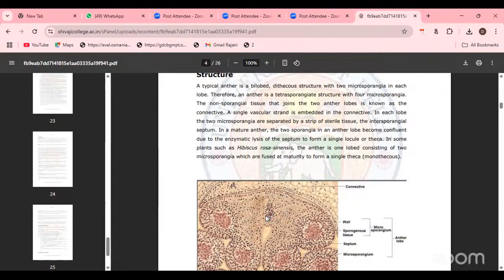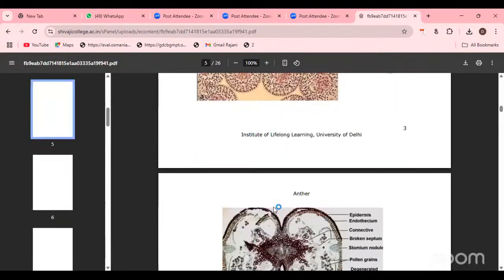The intersporangial septum. In a mature anther, the two sporangia in an anther lobe become confluent. This one is the picture of the anther.